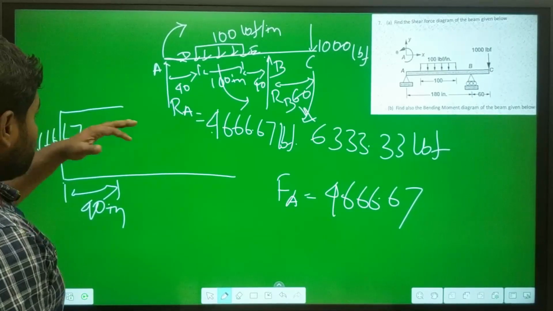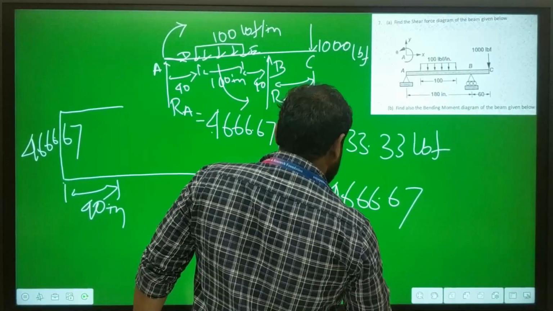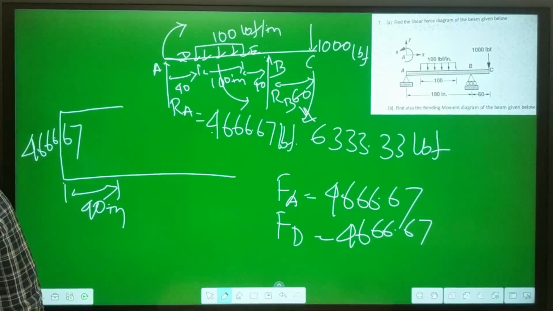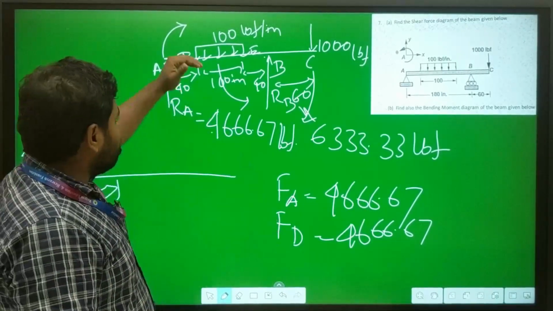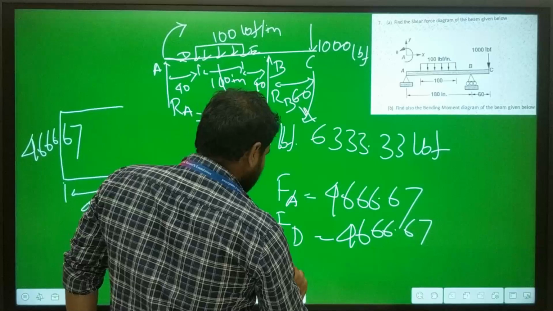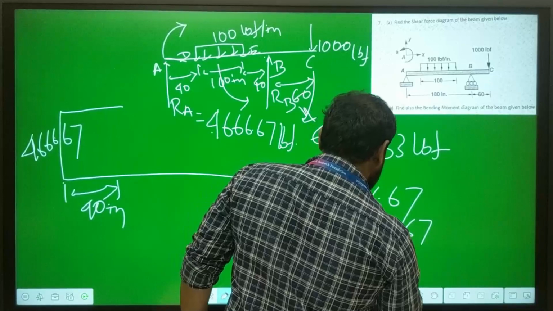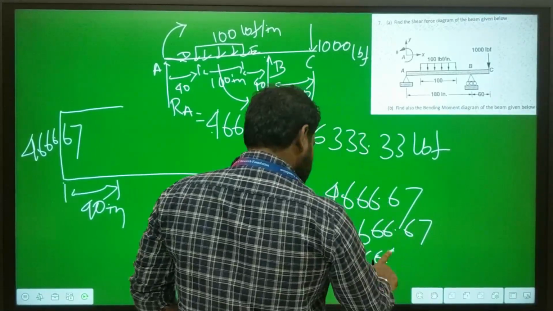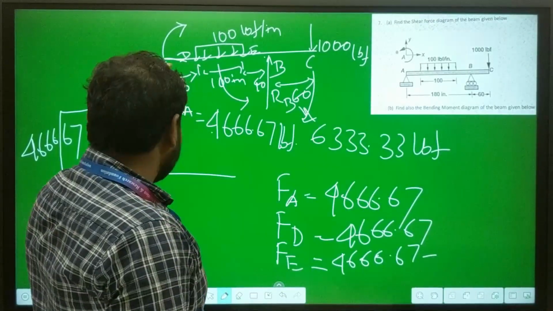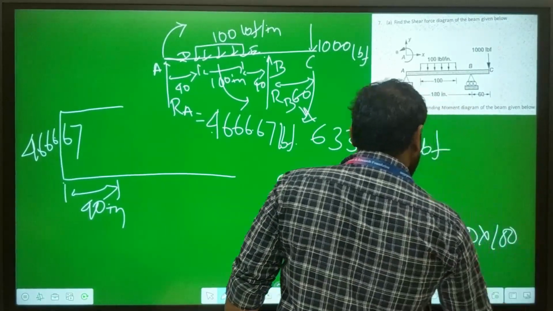Then for the uniformly distributed load, the value at D is similar, that is 4666.67. For E, the uniformly distributed load acts in the opposite direction. So at point E, the value will be the force at D, 4666.67, minus the force by the uniformly distributed load, so the force is 100 into 100.